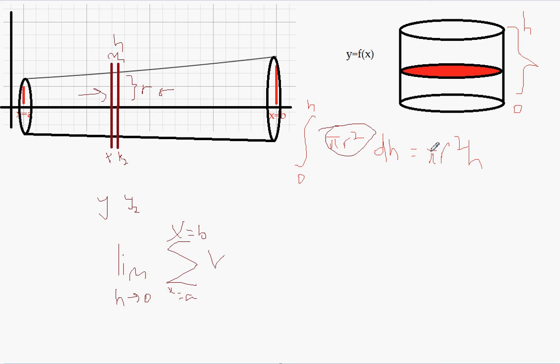And then this should be able to give us the volume of this curve rotated around the axis.